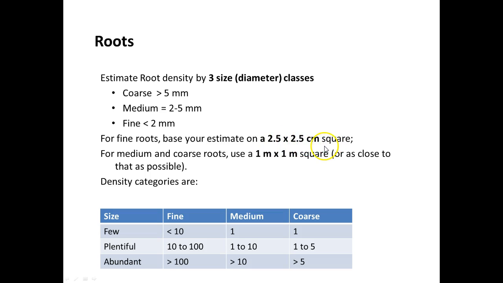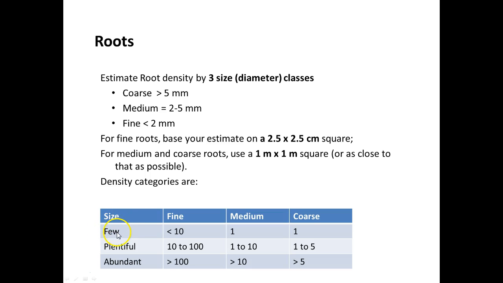So just in your soil pit, do a few 2.5 by 2.5 centimeter squares and count how many fine roots are in there. For the medium and coarse roots, you're going to use a 1 by 1 meter square, or as close to that as possible. Sometimes it's absolutely impossible to do that, so you need to scale down your area and then scale up your results.